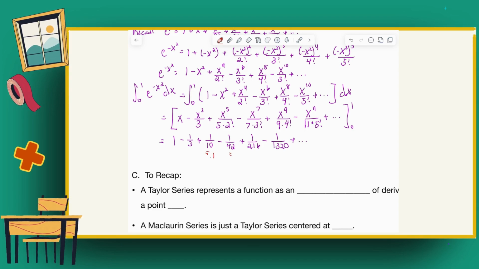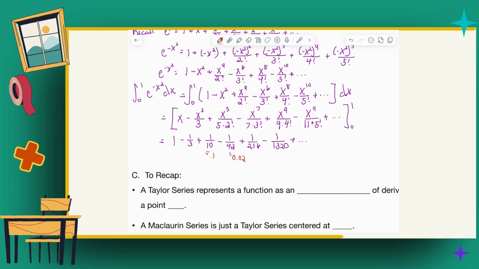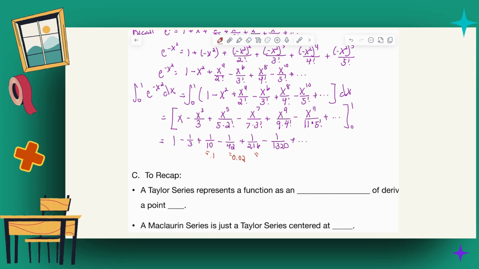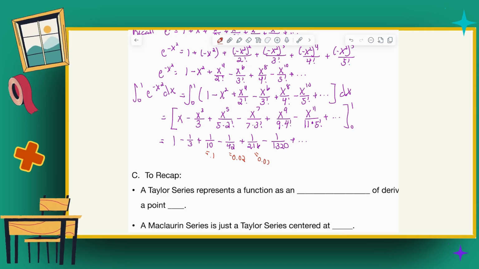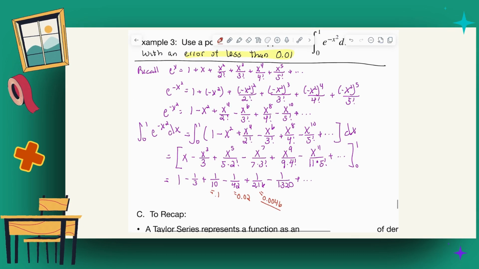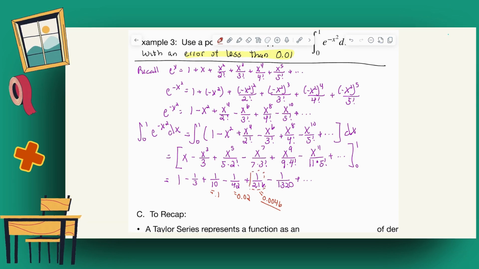Then 1 over 42 would give us 0.02, which is still larger than 0.01. So 1 over 216 gives us 0.0046, which is less than 0.01. So that's going to be our first unused term. So we're going to do this with a power series of degree 4.